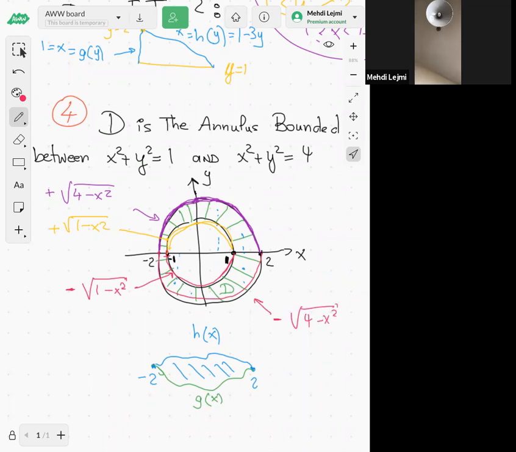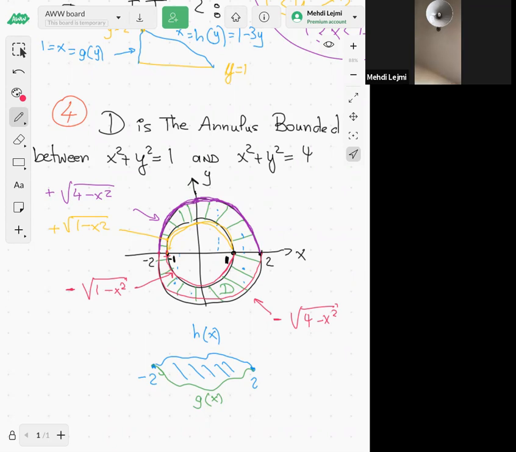So what I'm saying is you have 4 different graphs, not just two: plus or minus square root of 4 minus x squared and plus or minus square root of 1 minus x squared, right?